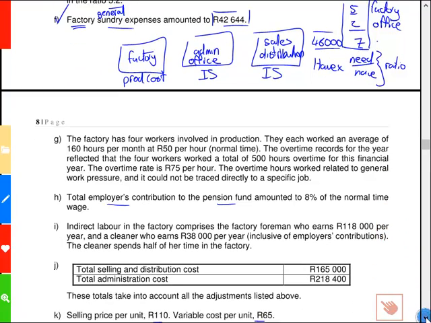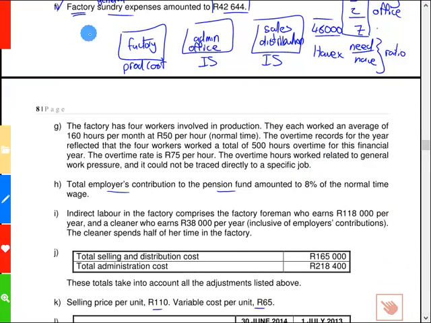Then, point number G. And this is probably the tricky one. The factory has 4 workers. So here they are. 1, 2, 3, 4. So there is Karabo. And they each worked an average of 160 hours per month at 50 Rand per hour. That's normal time. So that's the normal hours that these guys are working.